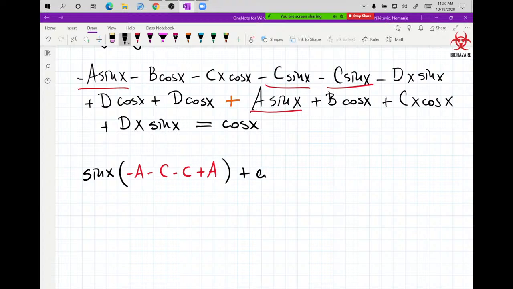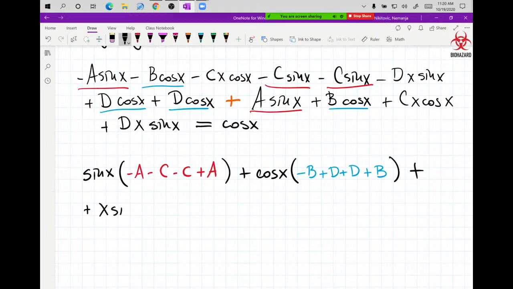Then plus cosine x, that's going to be blues. This is a vanilla cosine, another vanilla cosine, another vanilla cosine, another vanilla cosine. That's going to be minus b plus d plus d plus b. Then we have plus x sine x. Those, let's go with green.